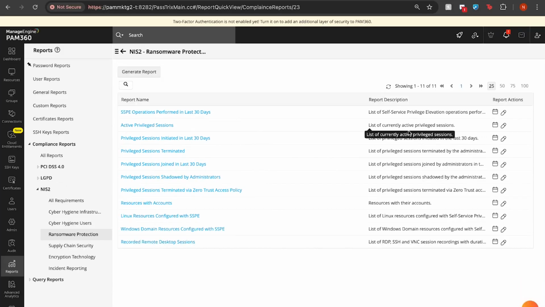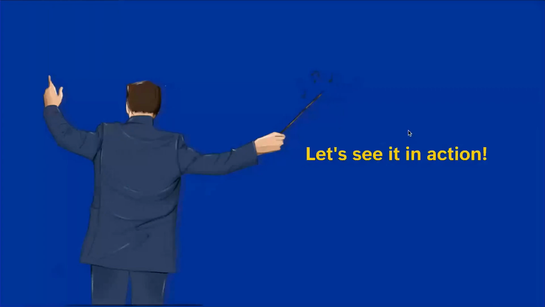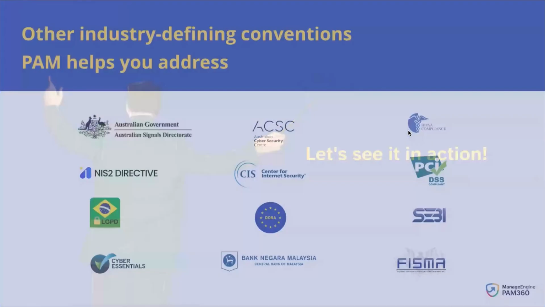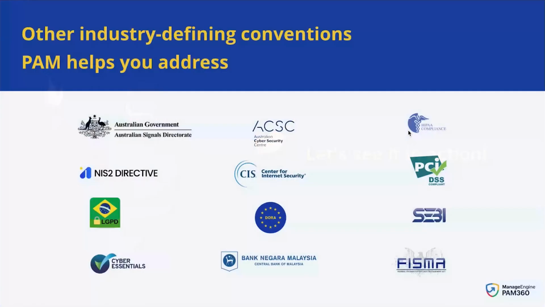compliance, right? And not just NIS2, PAM 360 can help you with privileged access management as a concept, and in turn, PAM 360 can help you achieve multiple other regional mandates, multiple other compliance requirements globally, right? It can help you achieve compliance with PCI DSS.